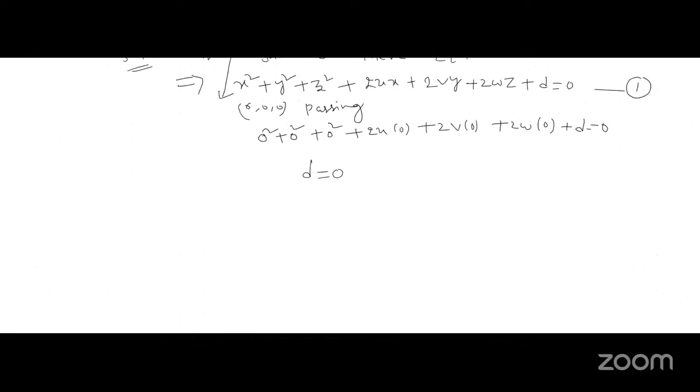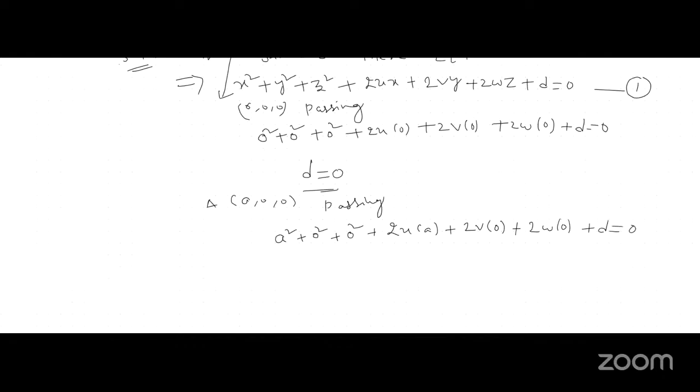Next, the point a comma 0 comma 0 passing. So we get a square plus 0 square plus 0 square plus 2ua plus 2v0 plus 2w0 plus d equal to 0.